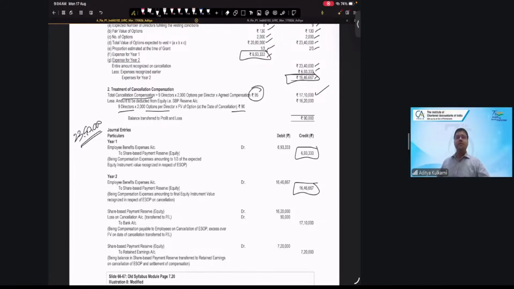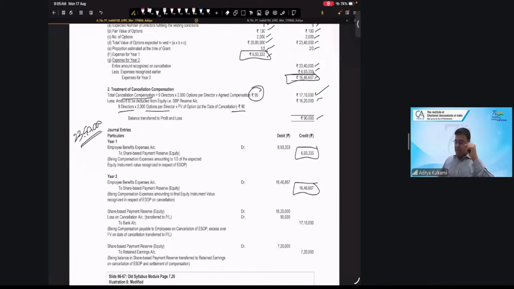And the answer is that you can utilize the SBP reserve on cancellation only based on the fair value of the stock option on the date of cancellation, because that is the worth of SBP reserve that is getting lost, that is getting carved out, that is getting moved away from the stock option plan. So in this case, 9 directors into 2000 into fair value per option 90, that comes to 16 lakh 20,000. So I am having a balance of 90,000, which will hit the P&L. This value is what will hit the P&L.